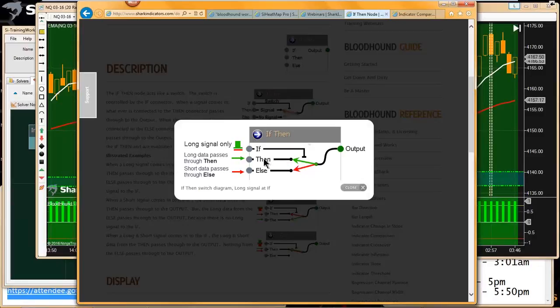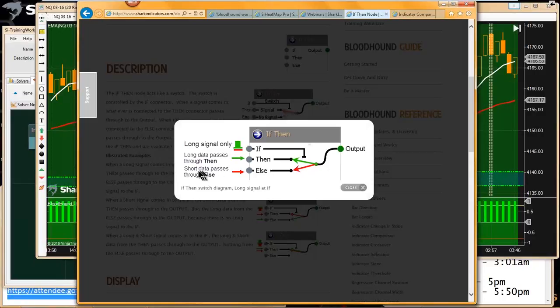So long signals connected to the then pass through to the output. And for the short side, since there's no short signal, the switch for the short confidence connects the else to the output.